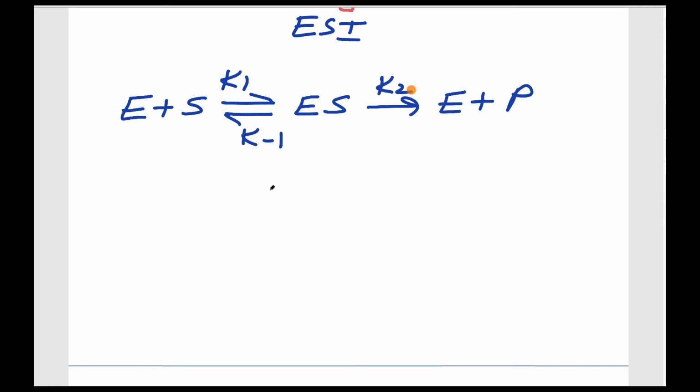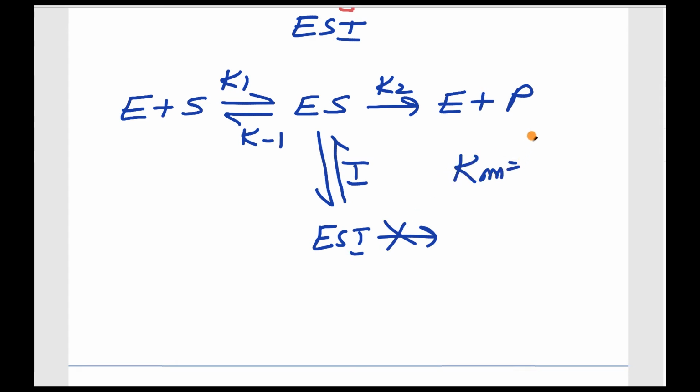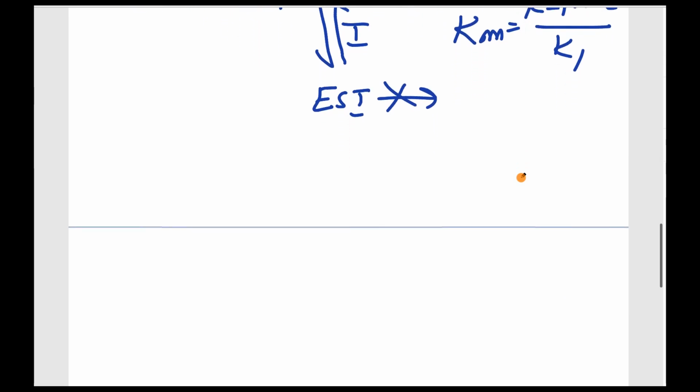In the presence of inhibitor, ESI formation takes place. Km is equal to K minus 1 plus K2, with K1 in the denominator. By the presence of inhibitor, the affinity between enzyme and substrate is increased. That means Km is decreased.